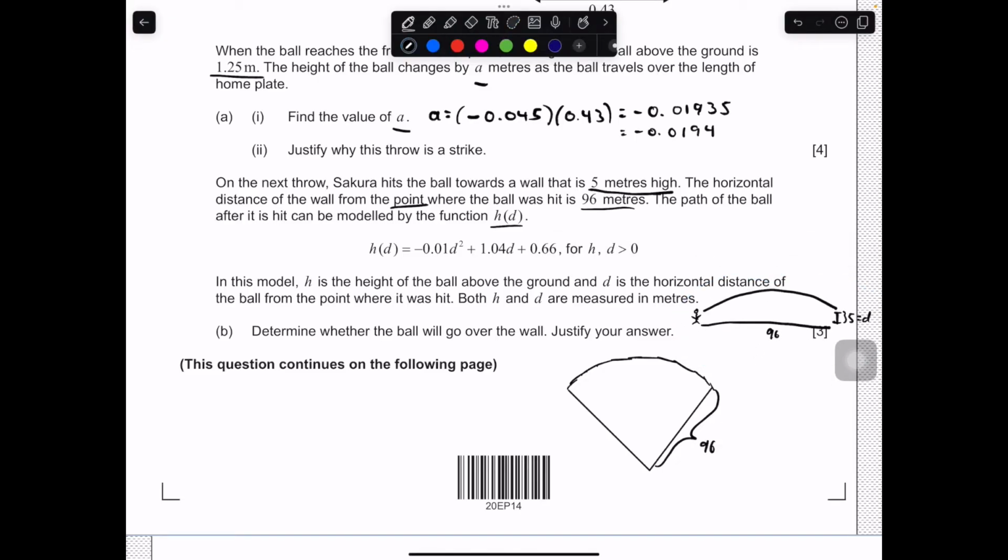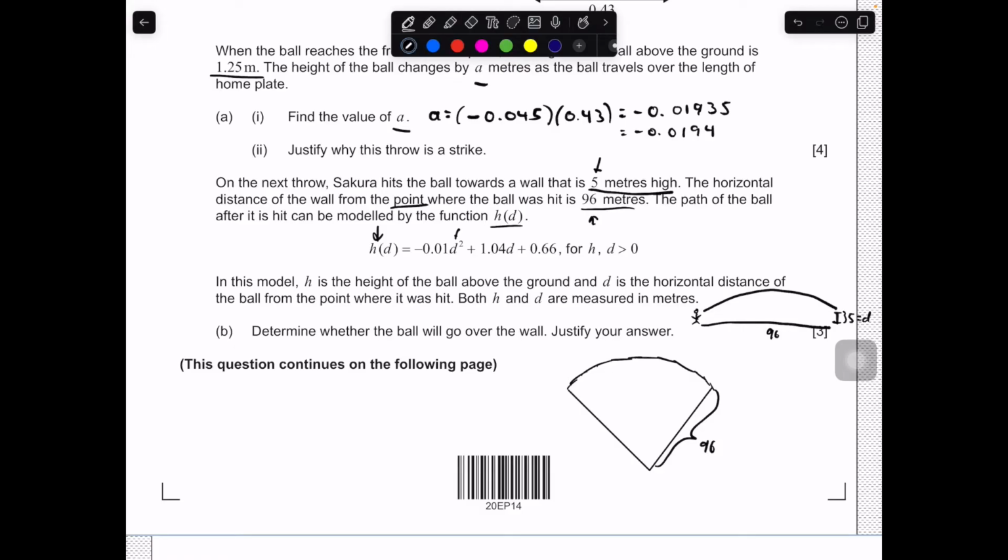So all this question really is, so far as I see it, is a kind of input-output question. We know the ball needs to be 5 meters high. H needs to be 5, as the distance is equal to 96.